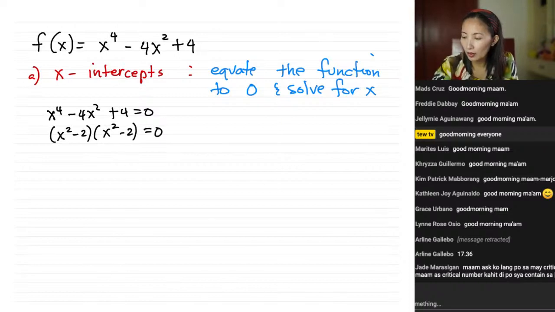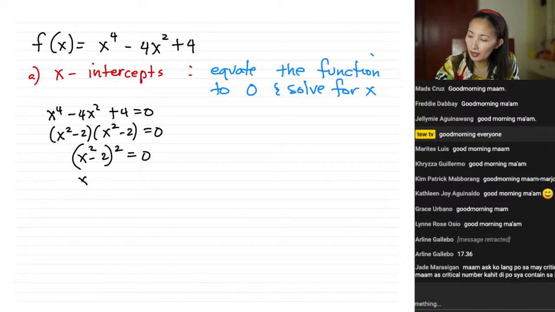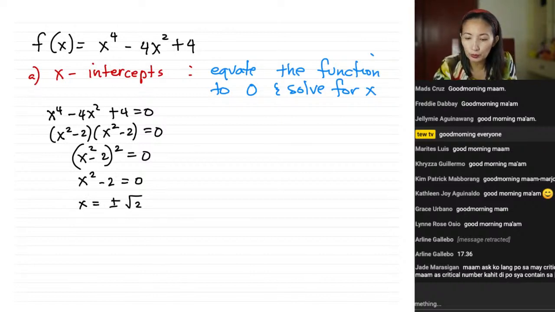Or, in a concise manner, x squared minus 2 raised to the second power. Then from here, extracting the square root, x squared minus 2 equals 0. Okay, so x equals positive and negative square root of 2.